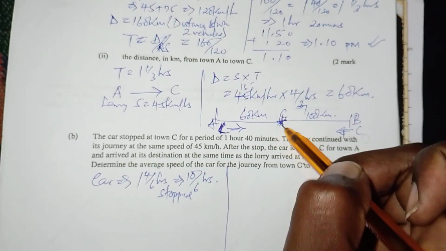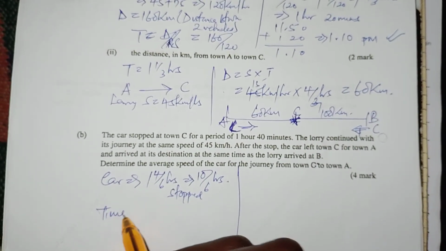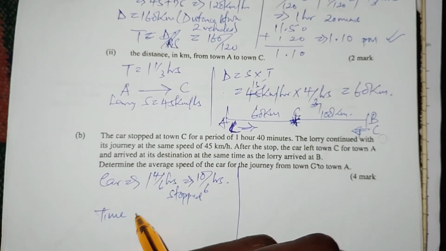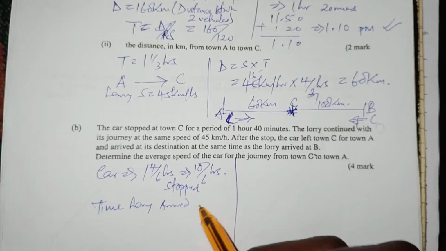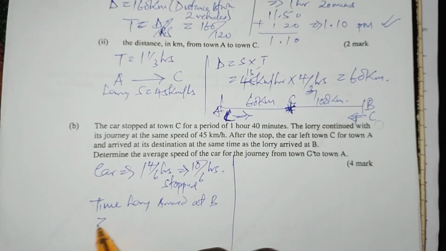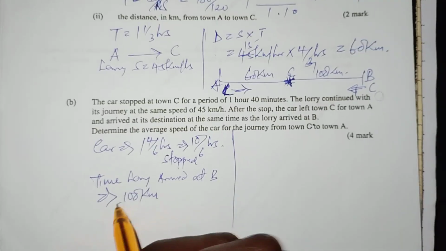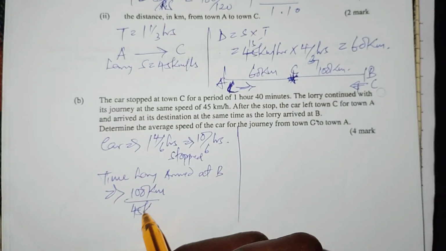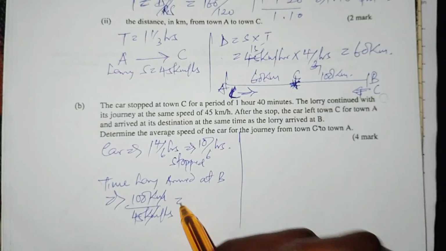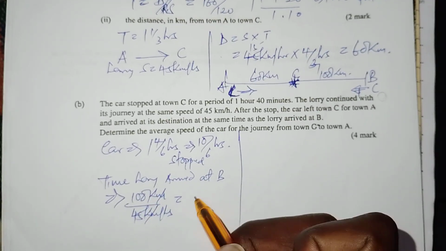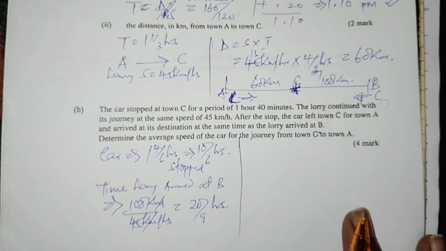So if the lorry continued with the journey, the time that the lorry arrived at B, the remaining distance is 100 kilometers over its speed, which is 45 kilometers per hour. So you're going to get 5 here 20, 5 here 9, 20/9 hours.